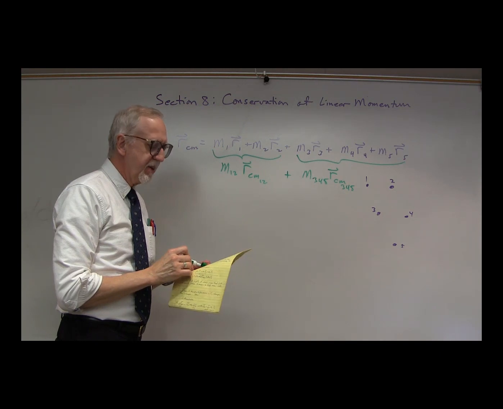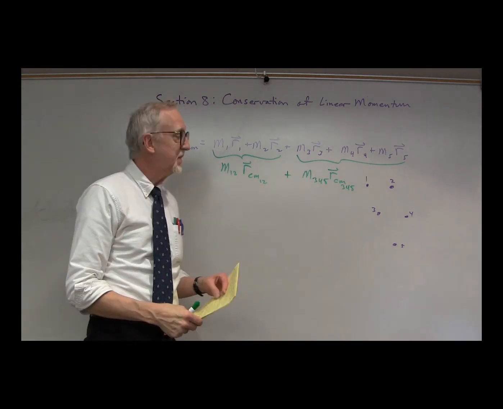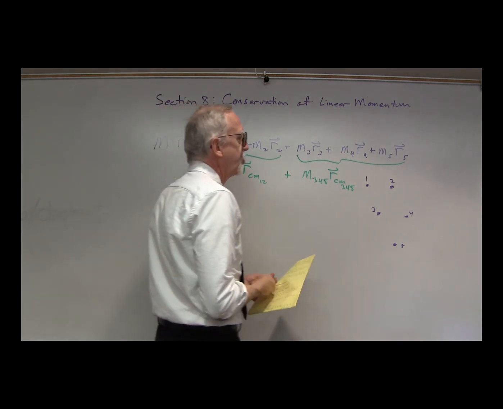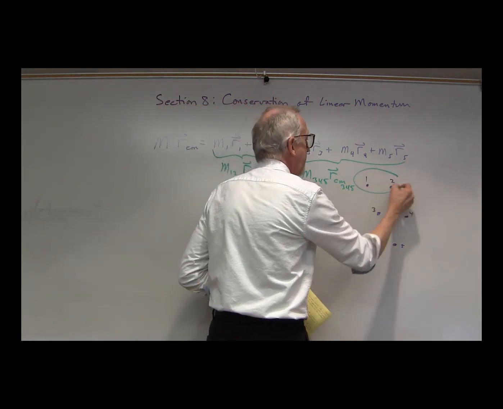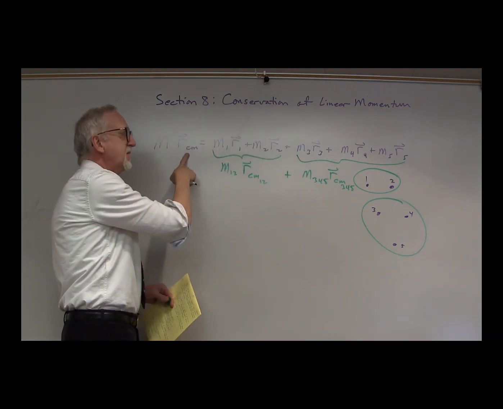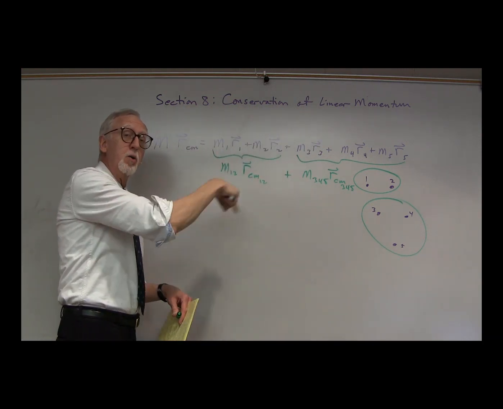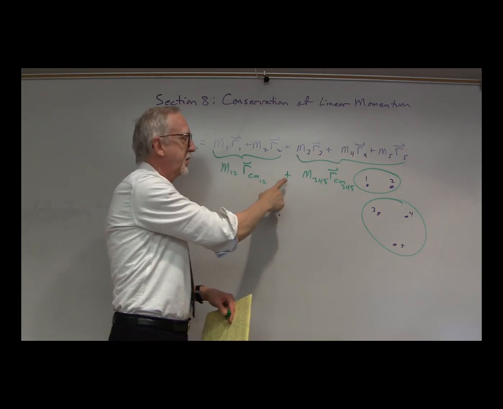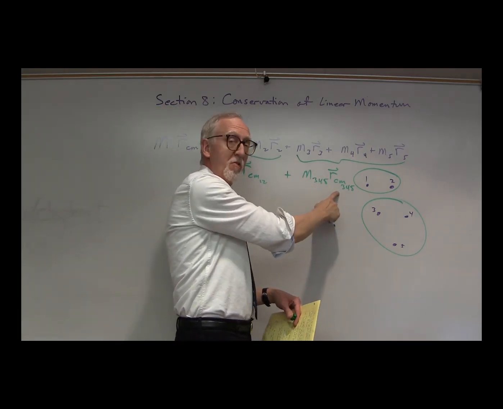Well, that's a very interesting result, and you can see how you might extend this so that if we have, say, 2 parts of our system, this part and this part, the total mass times the center of mass of the whole system is the mass of one part times its center of mass plus the mass of the second part times its center of mass.